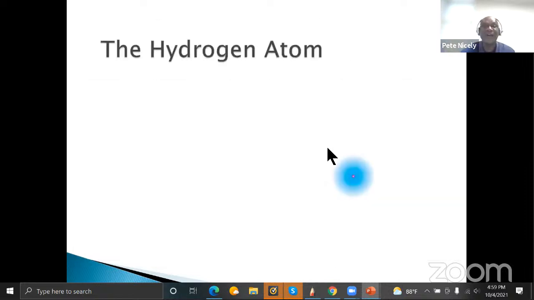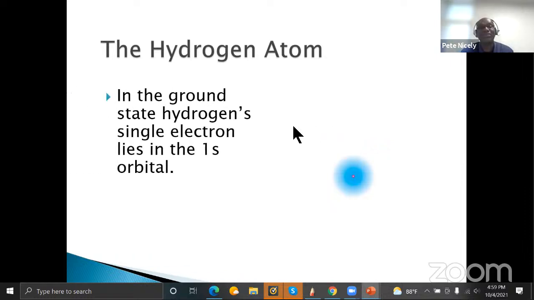Okay, now let's say a few words about the hydrogen atom in terms of the electron arrangement. The first thing we're going to say here is that the most stable arrangement as far as the hydrogen atom is concerned is where the electron, remember there's only 1 electron in the hydrogen atom, will simply find itself in the lowest energy orbital, which would be the 1s orbital.